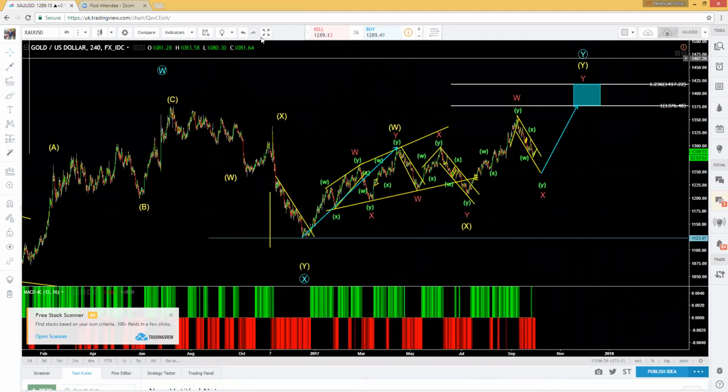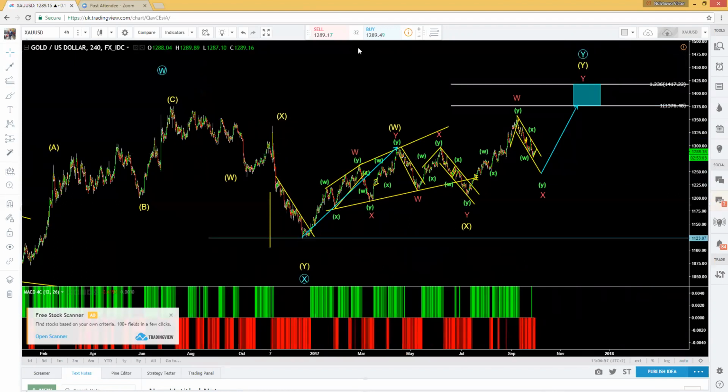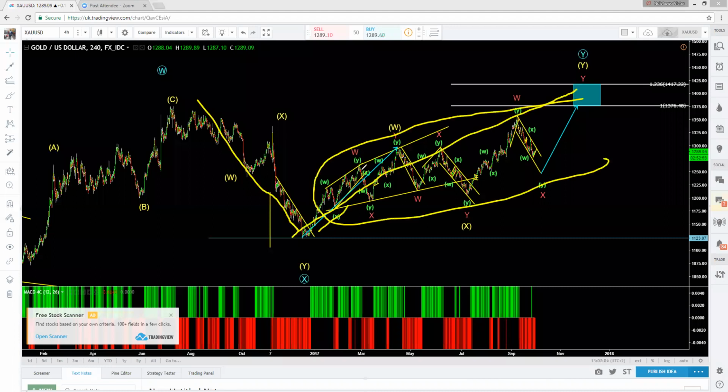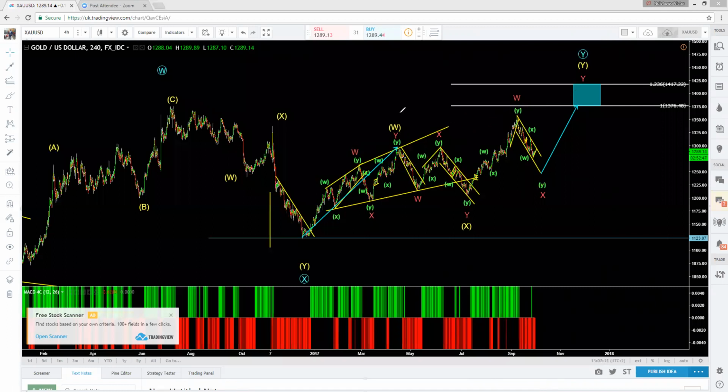So look at this here. We've got an impulse. Everything here, you can see it's a correction because it's not going fast. It goes, comes back, goes, comes back, goes, comes back, goes, comes back. So you know that this whole thing is a correction. You just need to figure out how this correction works.